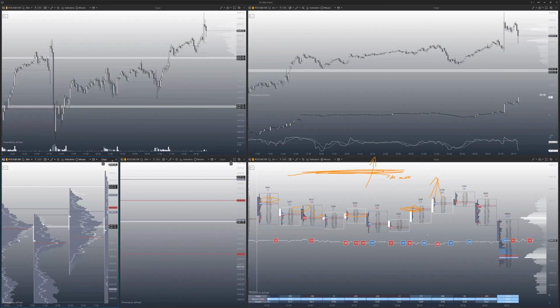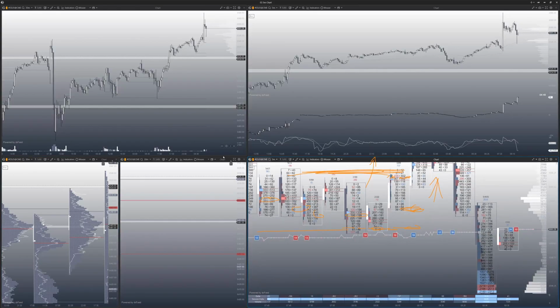And also, if you want to trade to the downside, you need to see that the volume shifts over time to the downside, and we have more volume on the lower side. If this happens, that's maybe a signal that we can break. And how can we break? It's simple, you look then at the footprint chart.